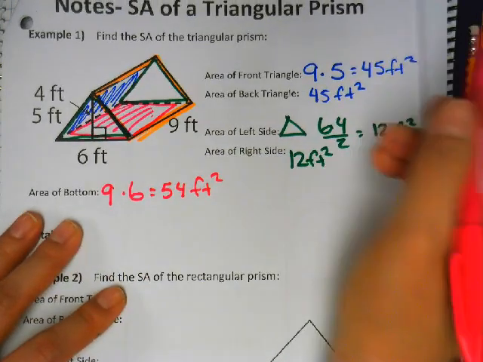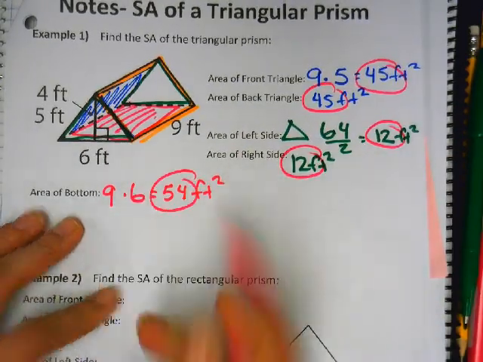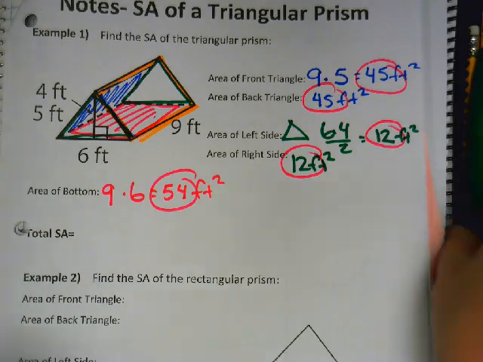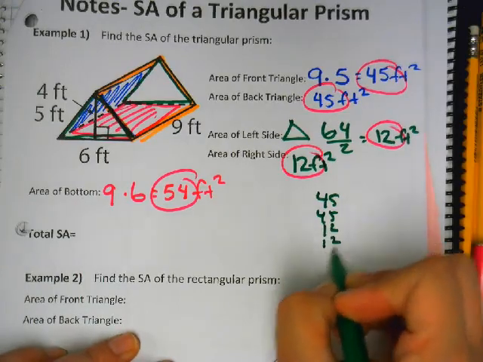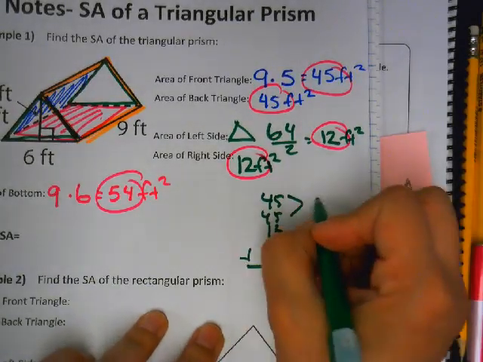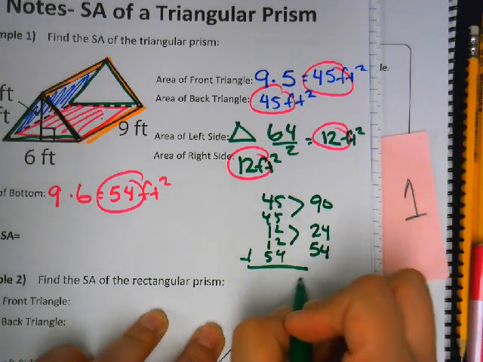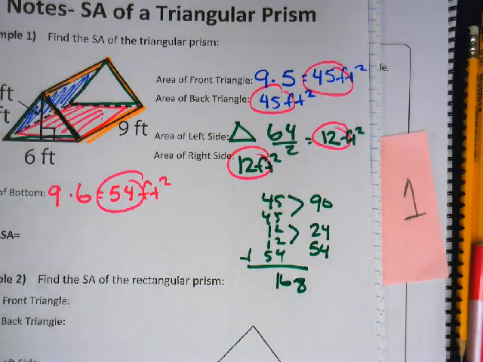So we have 45, 45, 12, 12, and 54. So add it up. I like to make pairs. 90, 24. 168.